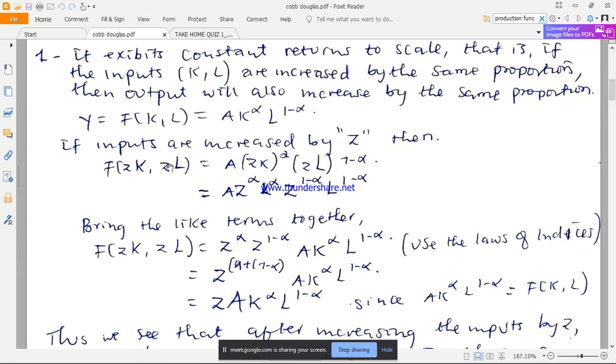So Z can be any other number. It could be 2, it could be 1, it could be 3. Z is any number that you may think of.